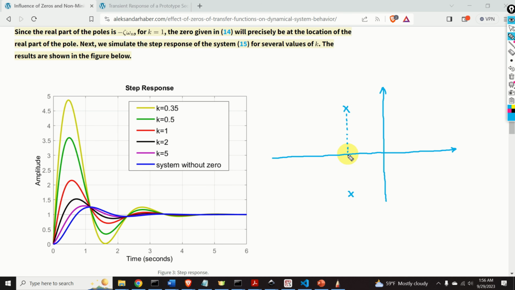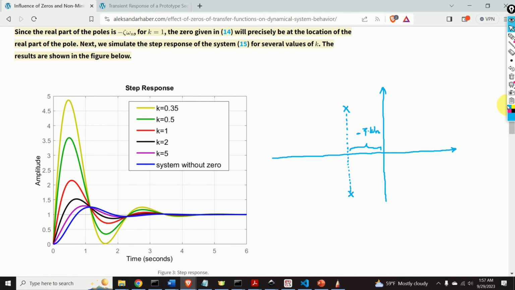For us, the most important distance is this distance. And this distance is equal to minus zeta times omega n. Minus zeta times omega n is the value of the real part of our system poles.